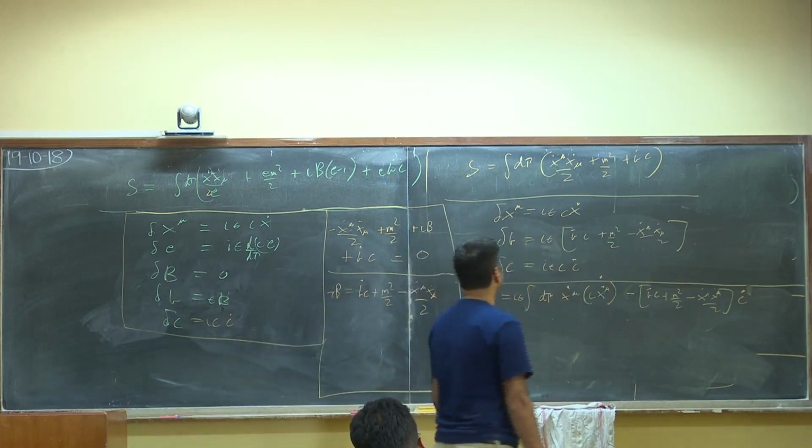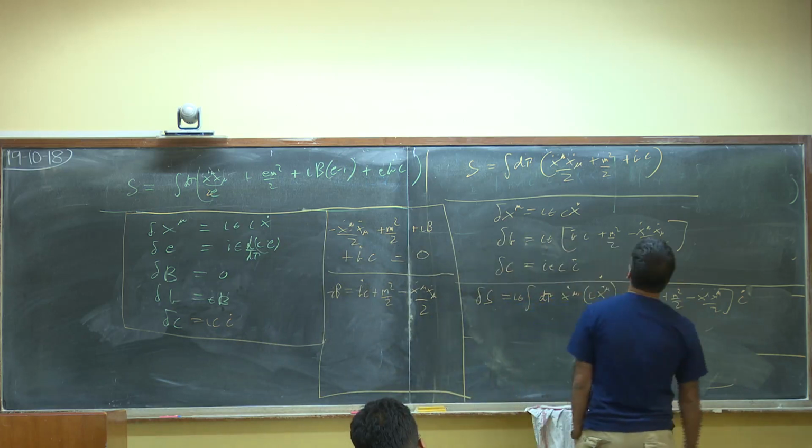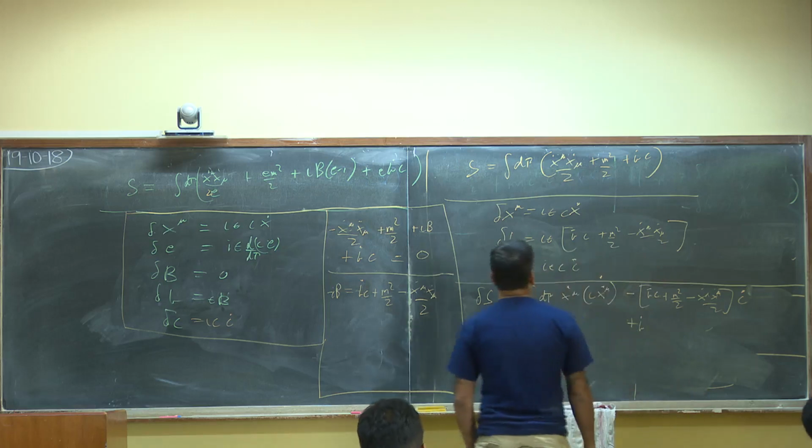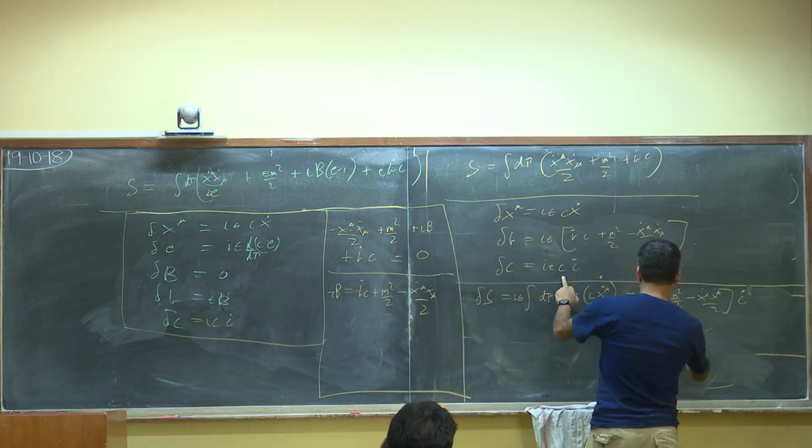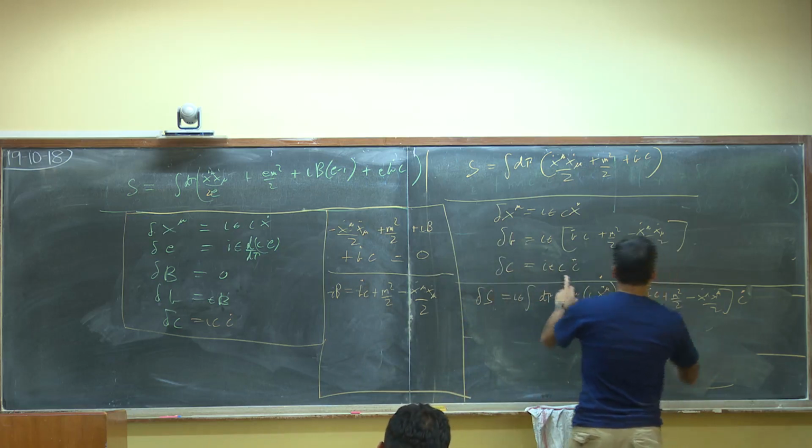For the variation of the second term, we'll continue to write it as plus b dot c dot, the whole thing dot.